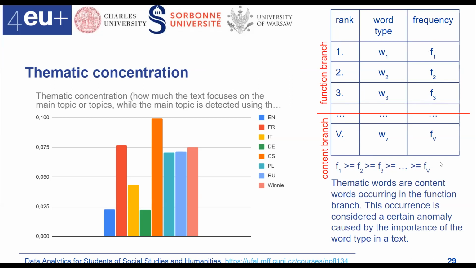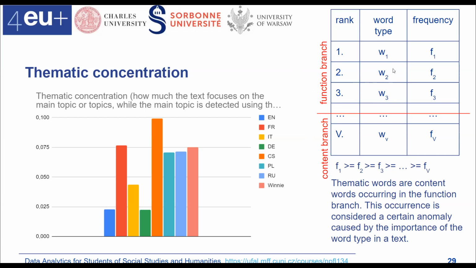And at some point, based on the ranks and on the frequency, we split the list, and the part of word types above this line is a function branch, and below this line is a content branch.